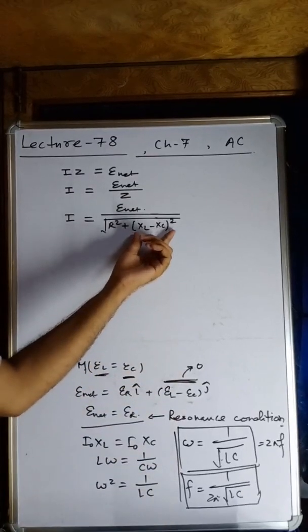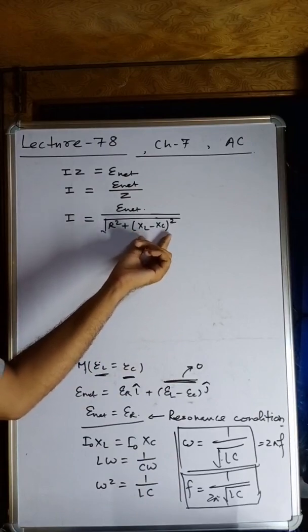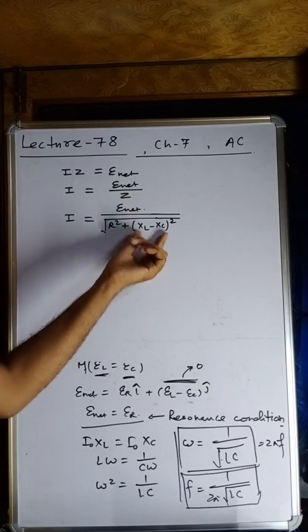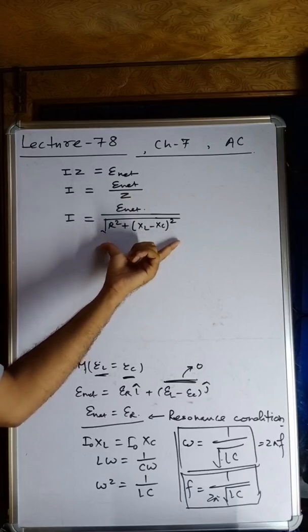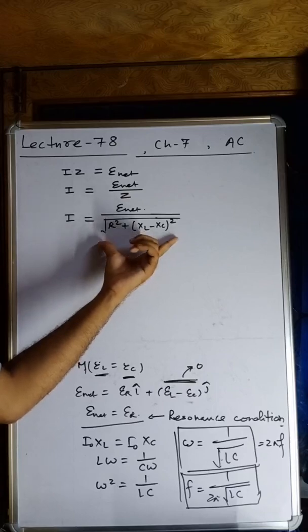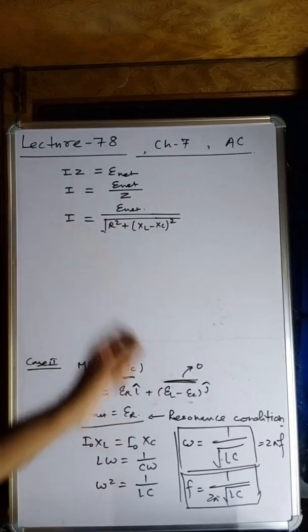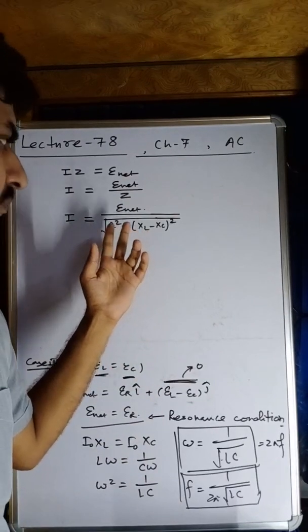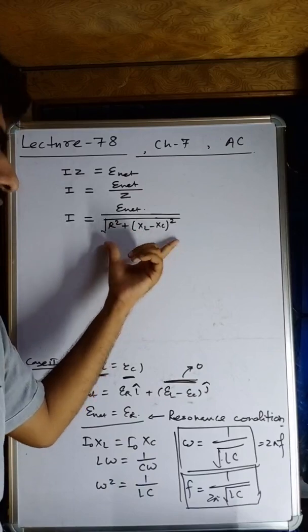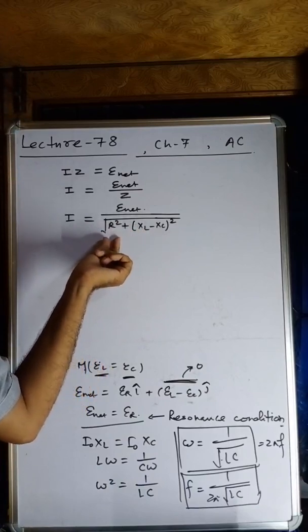This quantity will be smaller. If it is 0, then this quantity will be smaller, and if this quantity is smaller, then I will be larger. And the smallest value of this quantity will be only R, nothing else.